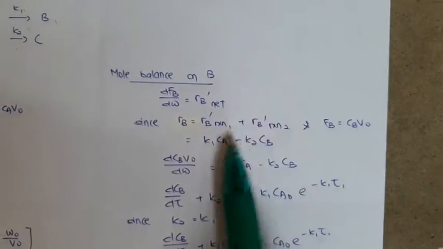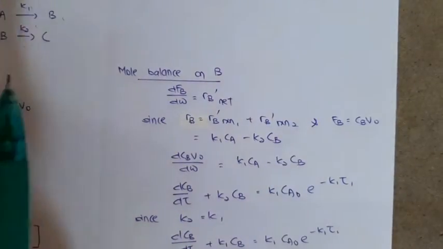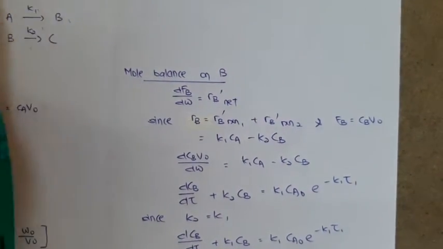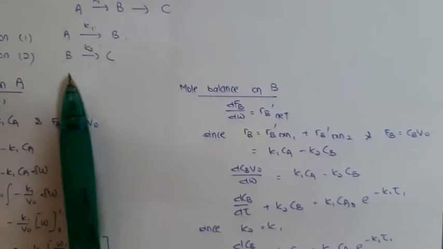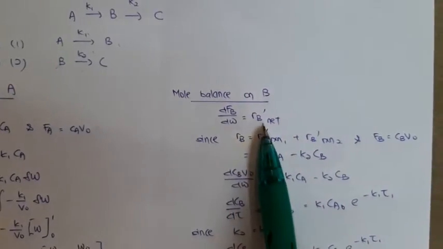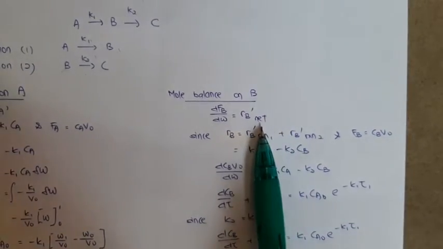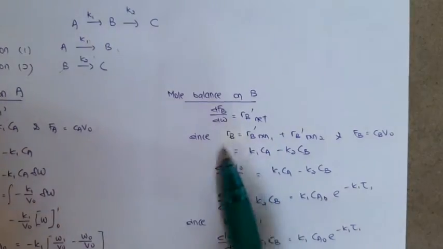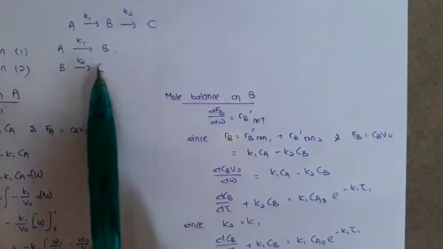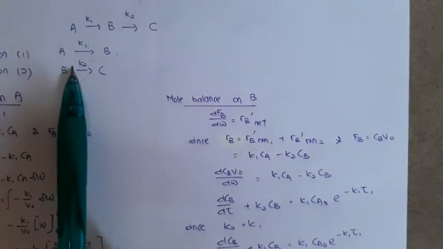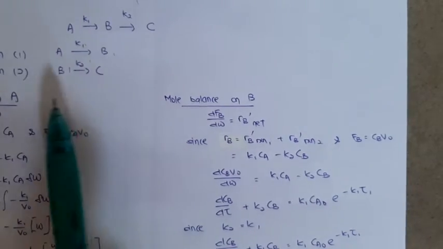For the second one we find the mole balance on B, because B is the product of reaction 1 and the reactant of reaction 2. So the reaction rate of B will be the net reaction rate, and we need to find the rate of B in reaction 1 and in reaction 2.